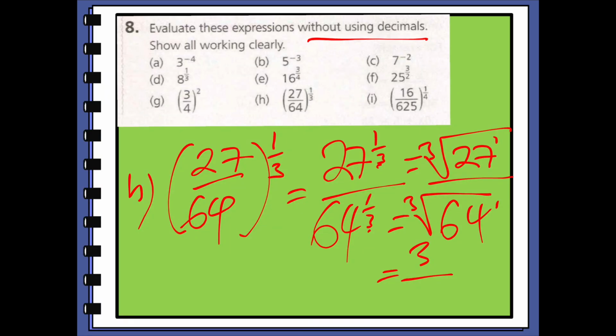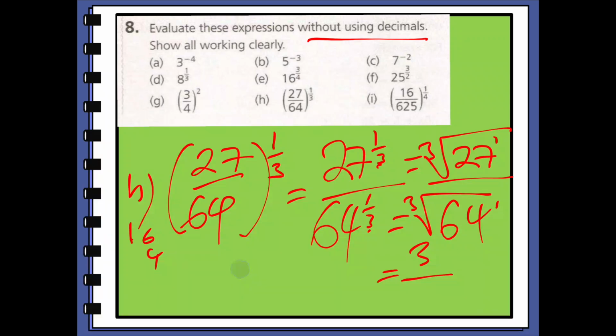Let's try 4. 4 times 4 is 16. 16 times 4. What's 16 times 4? 6 times 4 is 24.